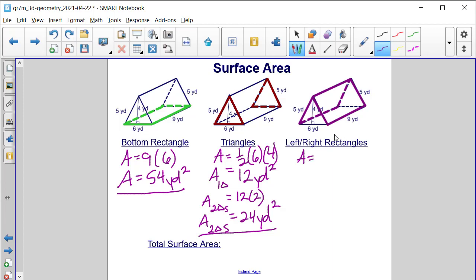So the area of one of them is going to be 9 yards by 5 yards, which is 45 square yards. So the area of the 2 rectangles is going to be 2 times 45, or 90 square yards.